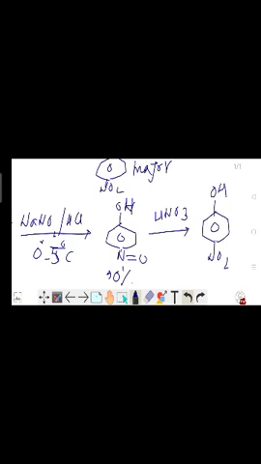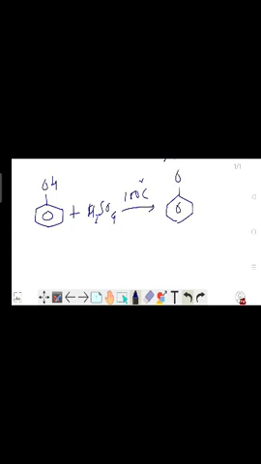When phenol reacts with sulfuric acid at 100 degrees centigrade, it produces a mixture of two products, that is these two.